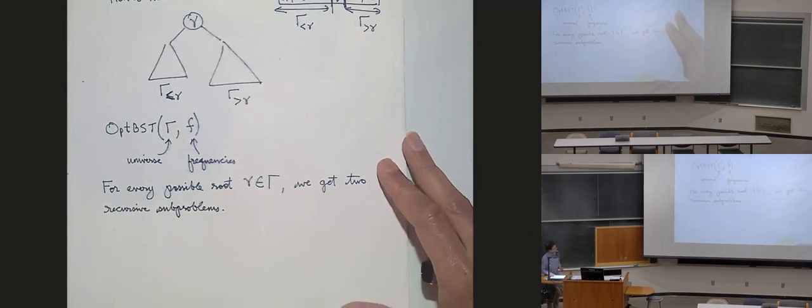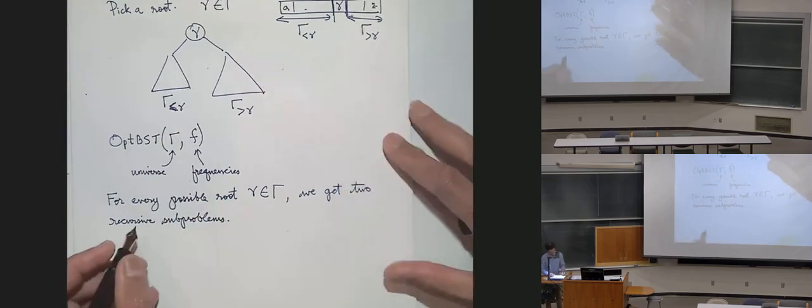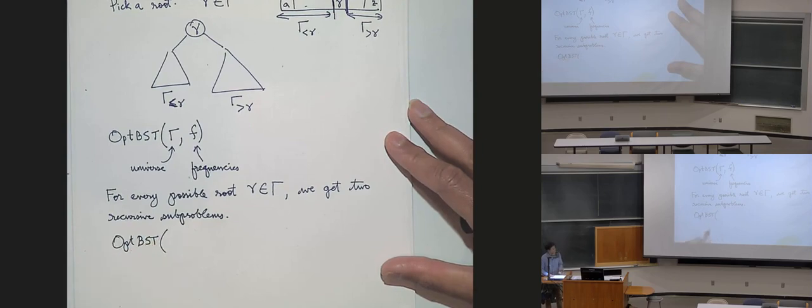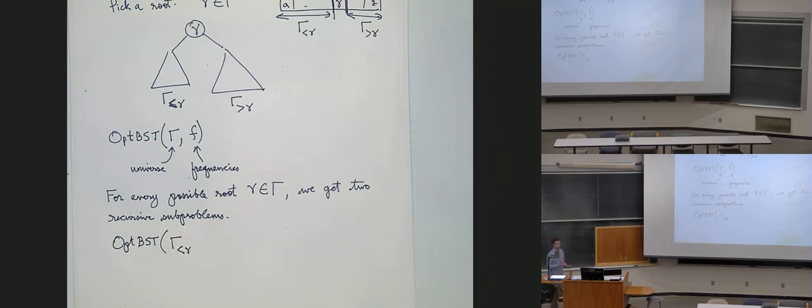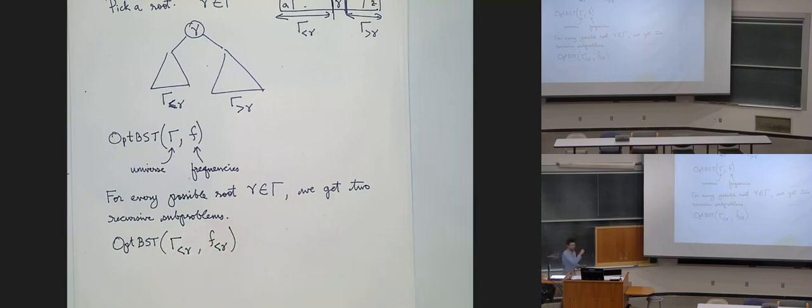Okay, so we're going to have to write this a little carefully. So what are the recursive subproblems? You get opt BST of all the characters that are less than gamma, and I'll just say you take the corresponding frequencies of the characters less than gamma.